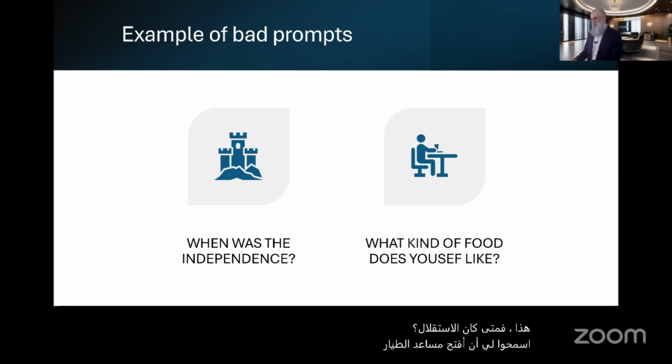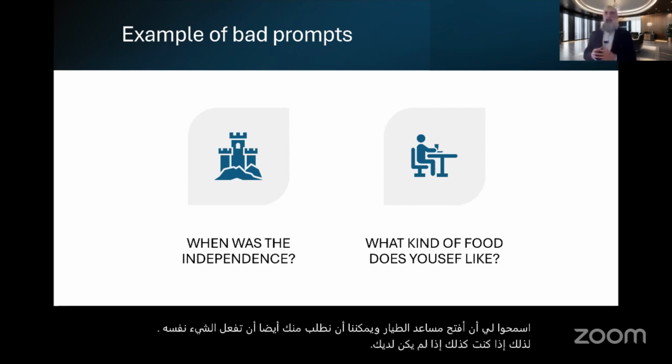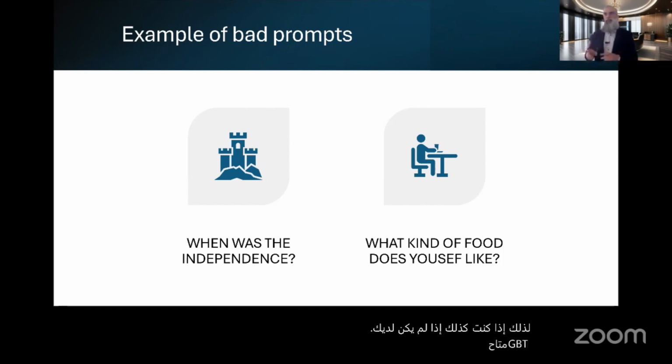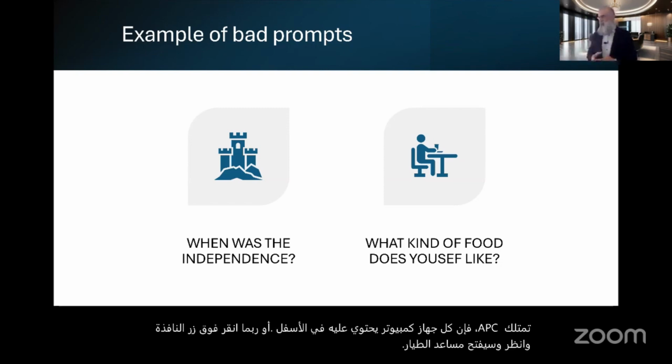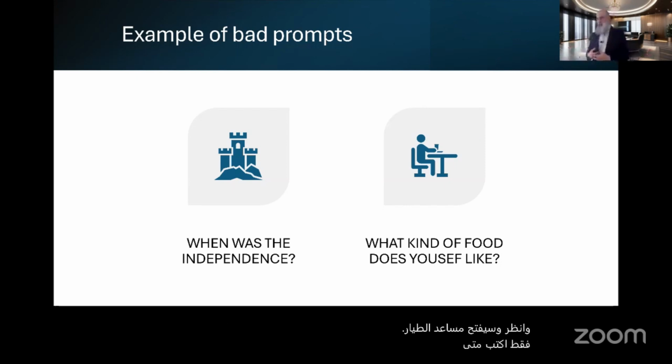If you don't have GPT available to you, you can just go to copilot.microsoft.com, or if you're on a PC, every PC has it at the bottom, or click on the Windows button and Copilot will open. Just write down, "When was the independence?" and give me your feedback on what the answer was.